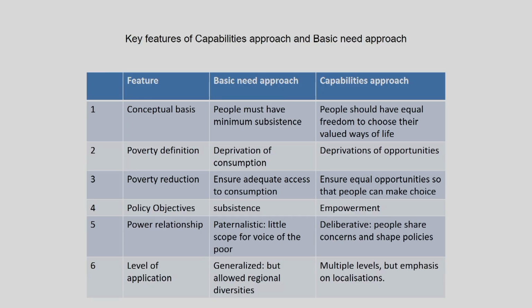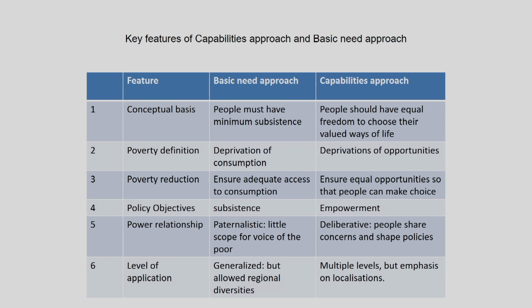So, if we have to summarize the key features of CA and the basic needs approach in terms of the conceptual basis, basic needs approach looks at the fact that people must have minimum subsistence. So, they must have access to food and shelter and clothing and drinking water and sanitation and so on. The capabilities approach focuses on the fact that people should have equal freedom to choose their valued ways of life.